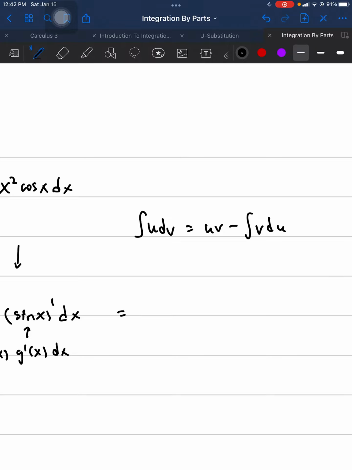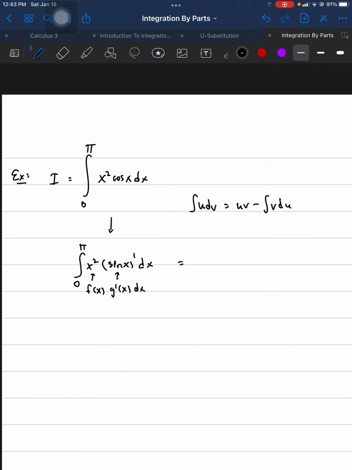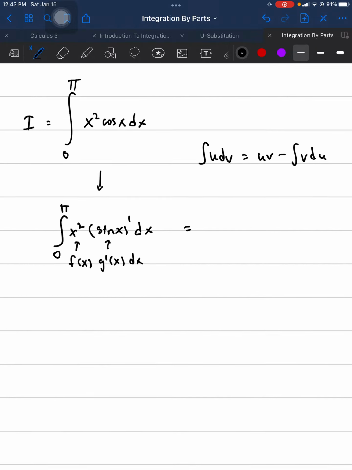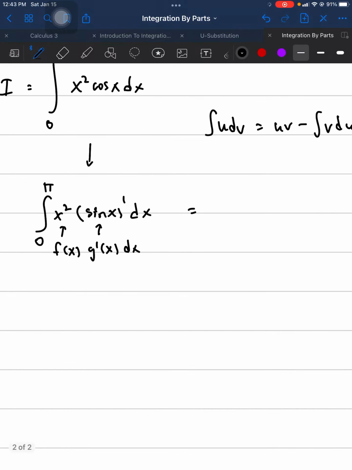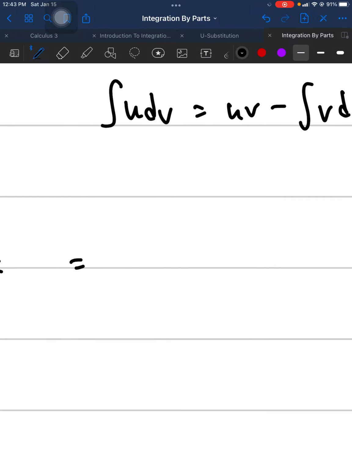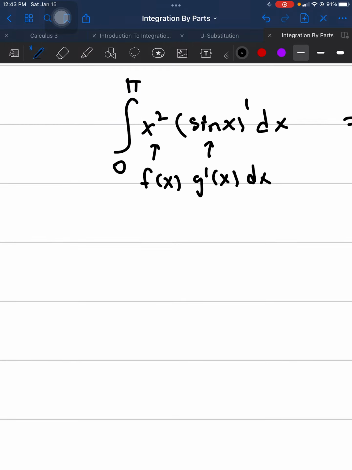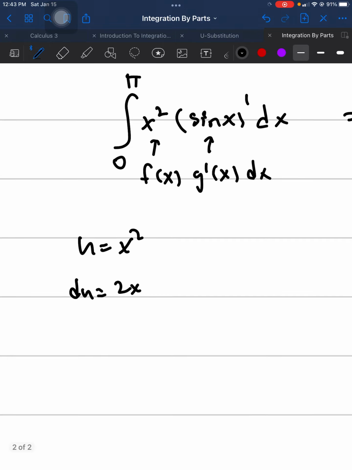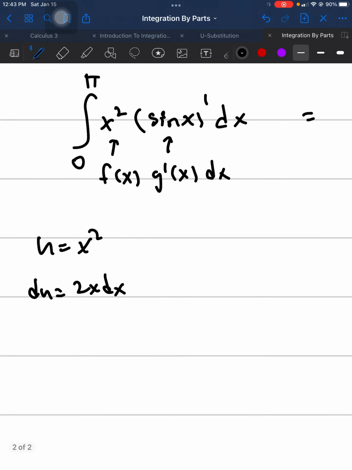So first things first, we already said the algebraic function takes priority over a trigonometric function. So we're going to set u equal to x squared. So u is equal to x squared, and du is equal to 2x dx.